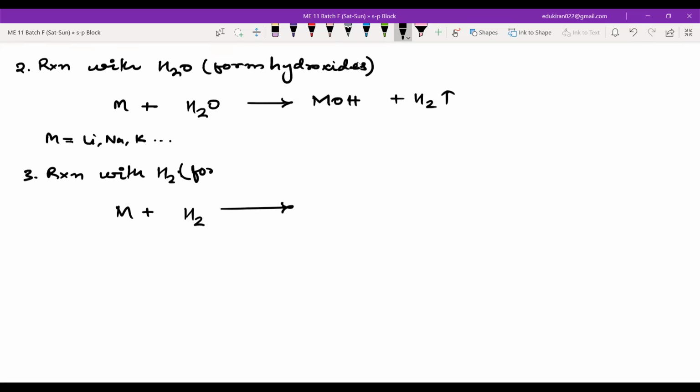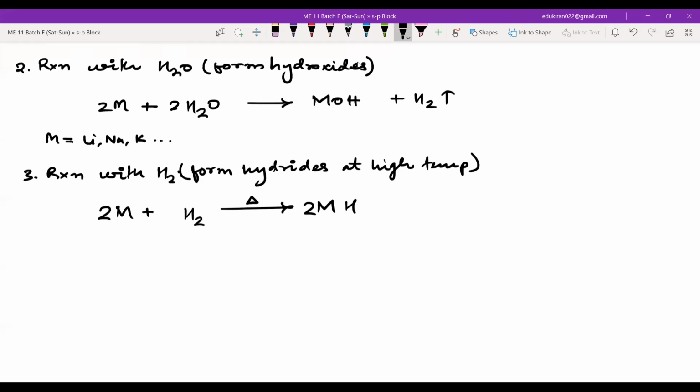It forms hydride at high temperature, so you'll give some heat, and then you are going to form metallic hydride with the formula MH. You can balance these reactions like this. And water also, I think it will be 2. Yeah, right.